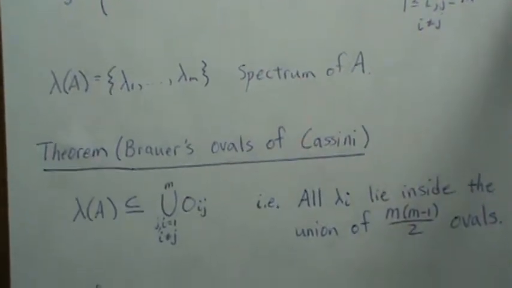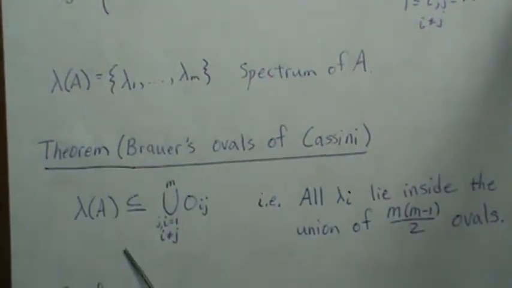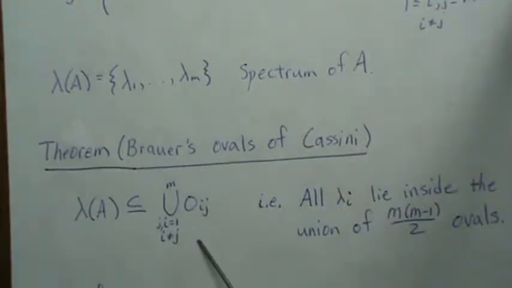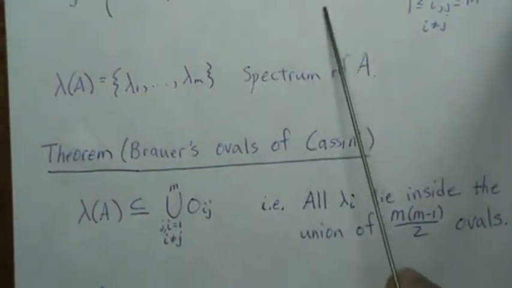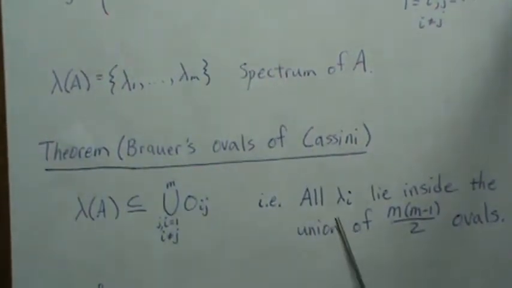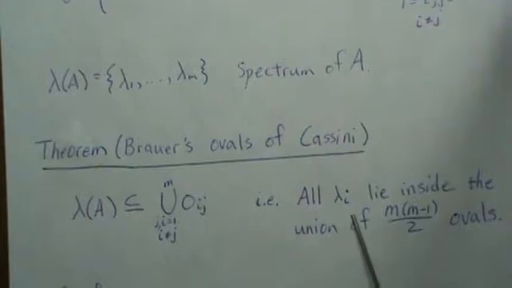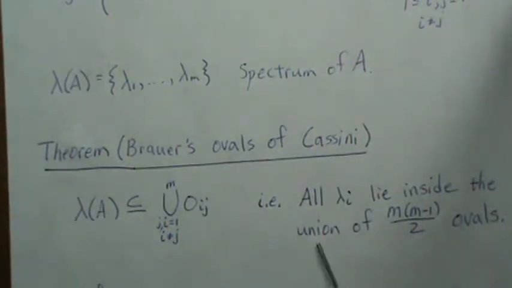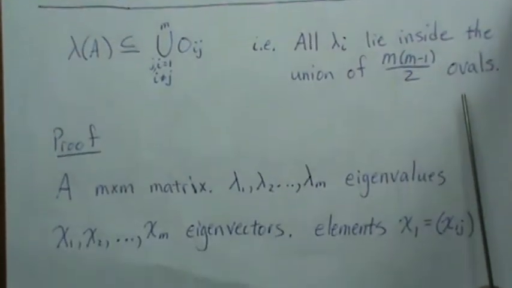Here's the theorem, and it's pretty short. It says the spectrum is contained in these ovals of Cassini, defined the way shown there. In fact, all eigenvalues lie inside the union of these m times m minus 1 over 2 ovals.